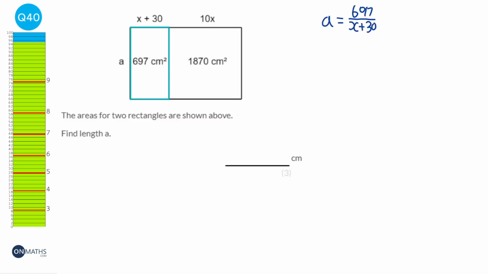Now let's focus on the other square, or the other rectangle. And this time we have A equal to the area of it, which is 1870, divided by the 10x. Now because both of these are equal to A, we can actually just get both of these fractions equal to each other.